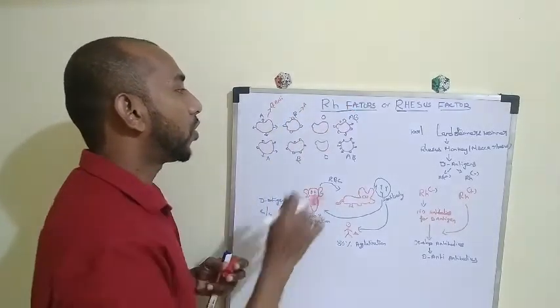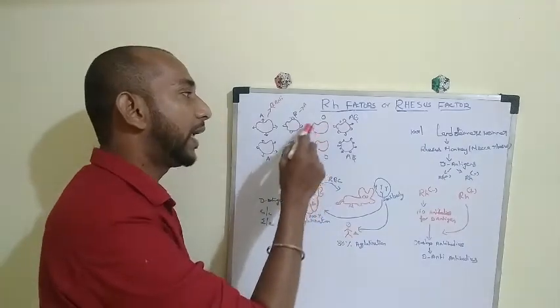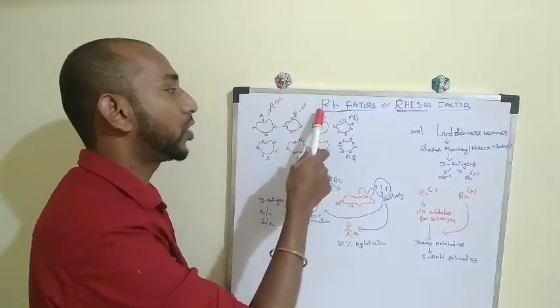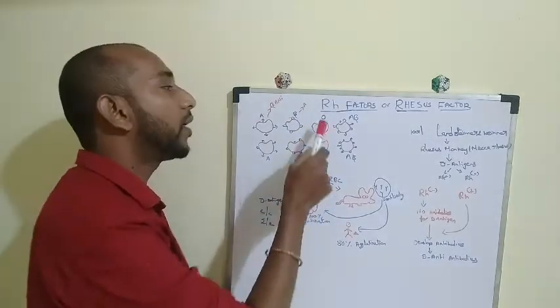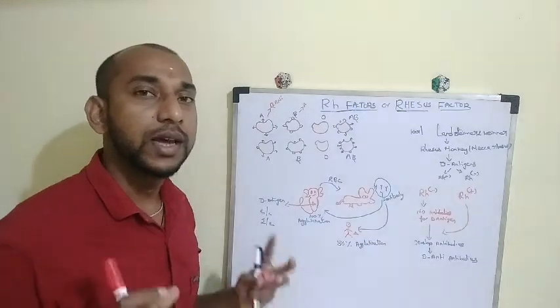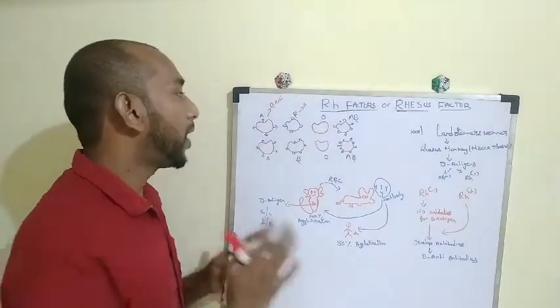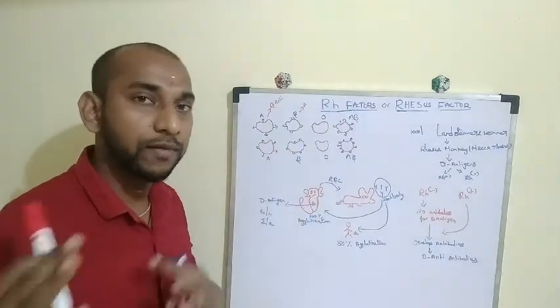When you talk about O blood group, they will not have any A or B antigen on the surface of the red blood cell, but they will have another antigen, which is H antigen. I also told you this H antigen is a precursor of both A as well as B antigen. This we have learned, right?